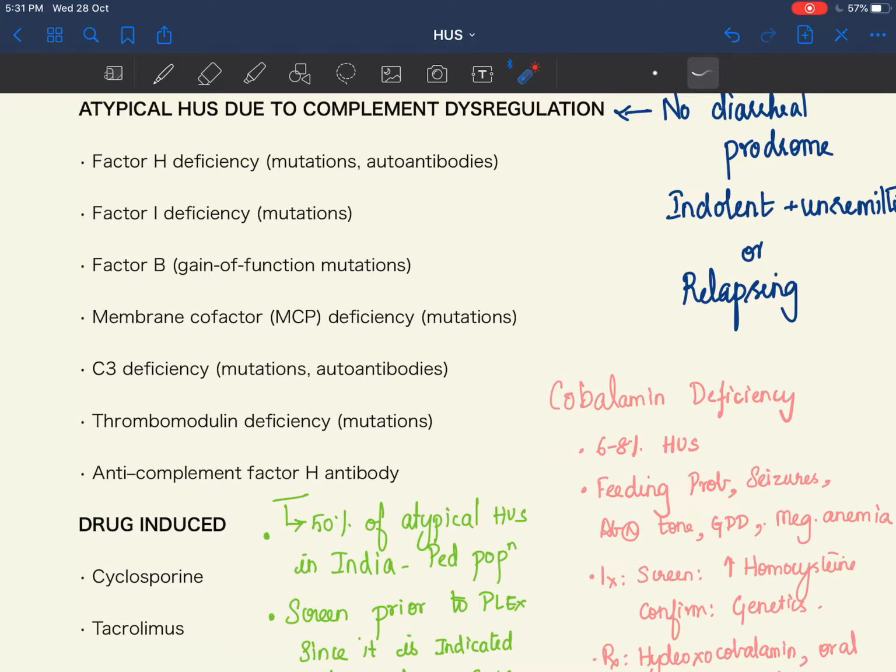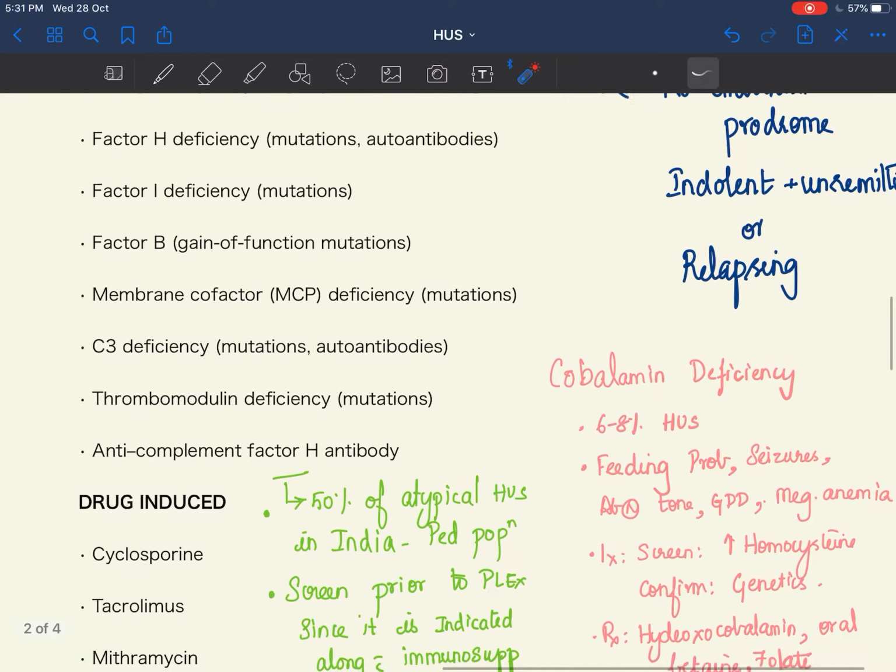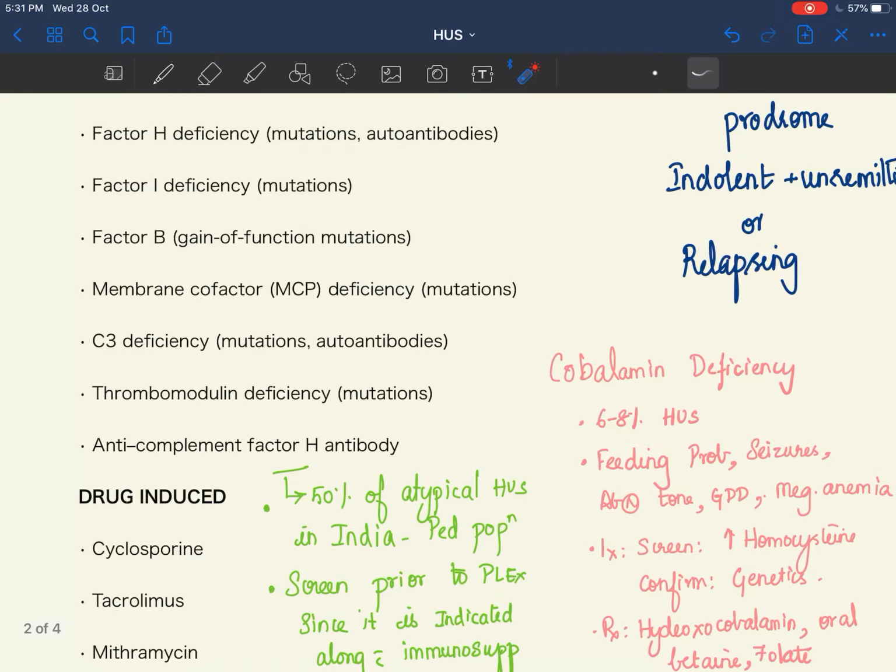Okay. So, this is important for us to know, and it is important for us to diagnose it. If you screen for this antibody prior to initiation of treatment, you will have to add on immunosuppressive therapy for factor H antibody. So, forgive me, I will clarify whether this factor H antibody and anti-complement factor H antibody are one and the same. Okay.